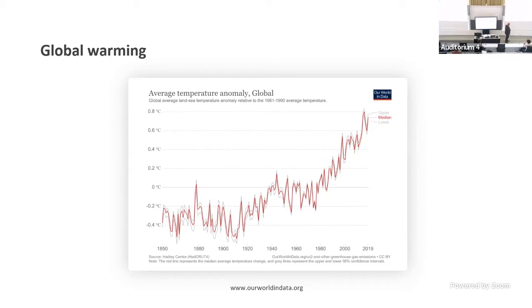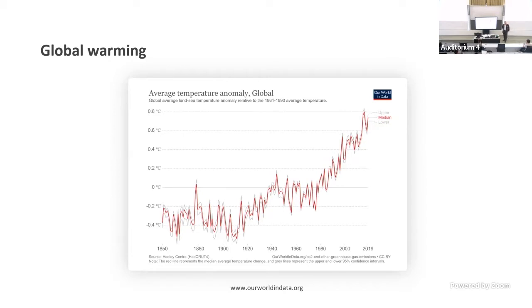They've normalized it, so 0 here would be the average temperature between 1961 and 1990. Back in 1850, it was a little bit lower, but as you can see, it has really spiked in the last few decades. And you know that, of course.